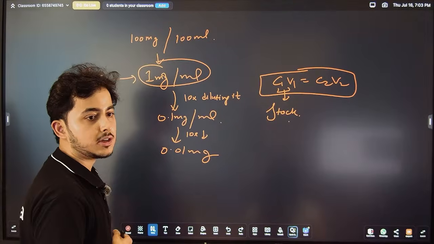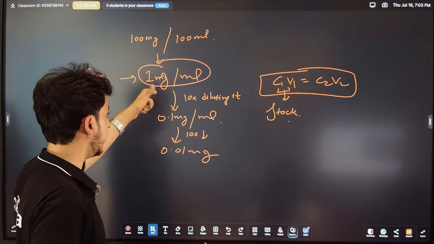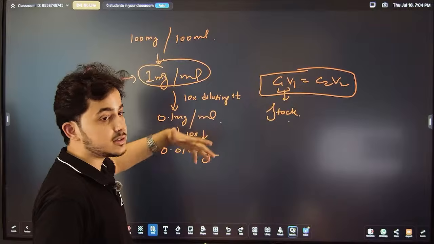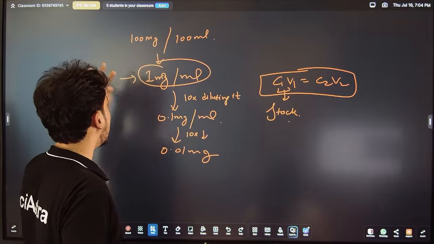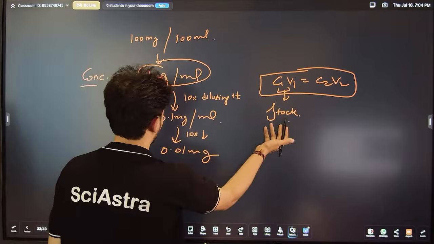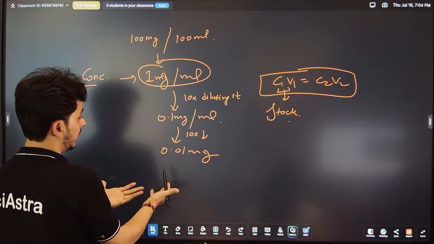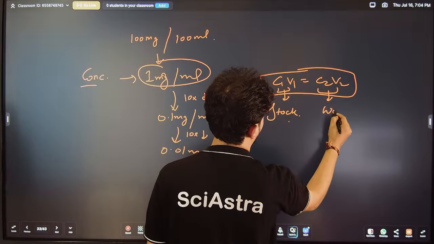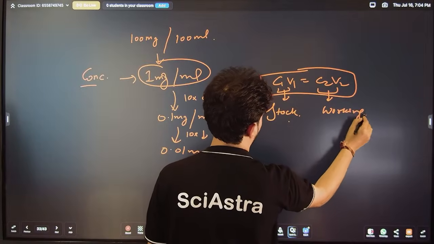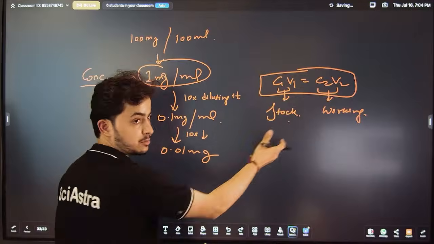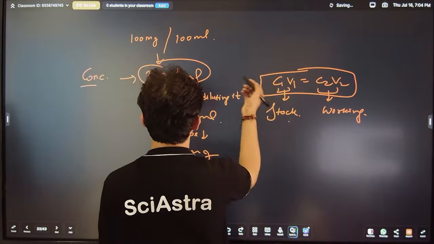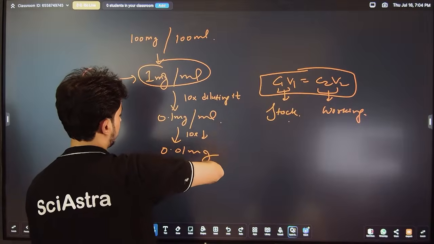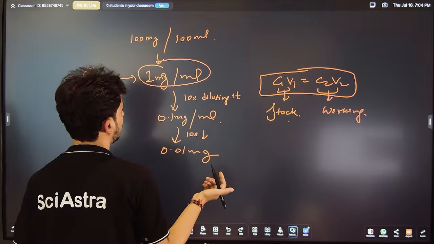That is the concentration you are getting. This is the stock concentration because it is larger, 1 mg. But 0.01 mg is smaller, so that is for the working solutions, the ones which will be used for the experiments. If you want to go from this particular concentration to this concentration, you need to find how to do that.